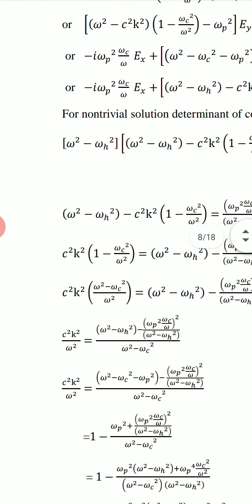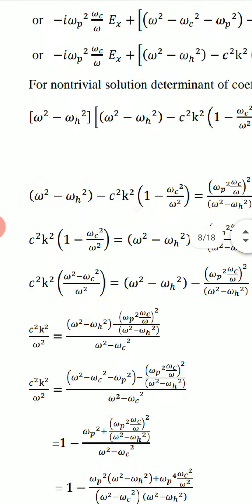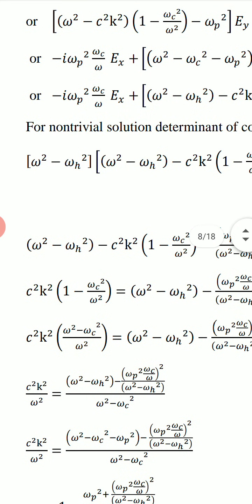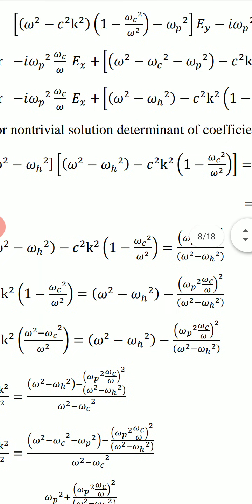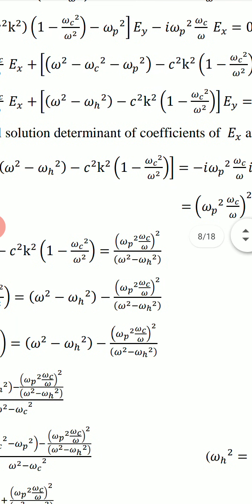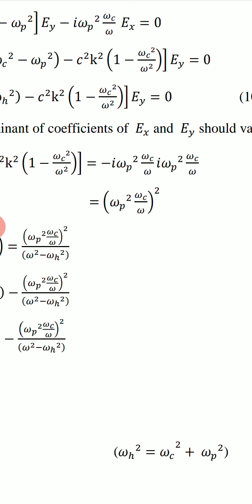From this relation we can find this equation: (omega square minus omega h square) into (omega square minus omega h square minus c square k square into (1 minus omega c square upon omega square)) equal to (i omega p square omega c upon omega) times (i omega p square omega c upon omega).